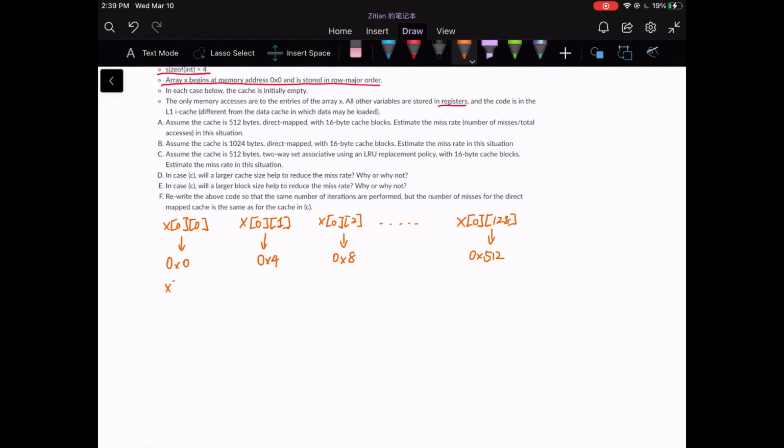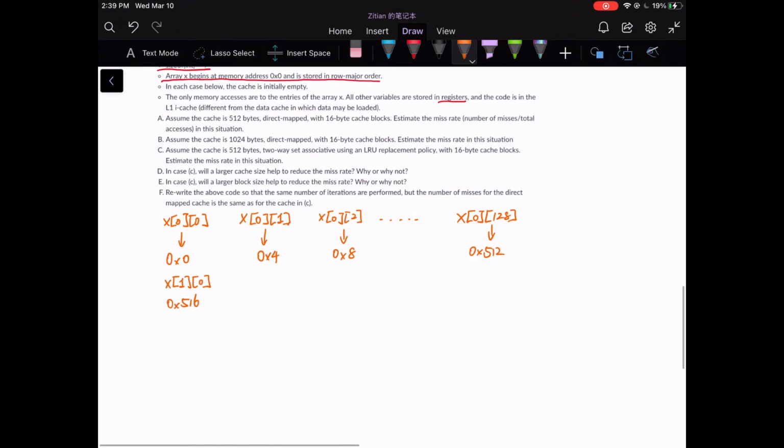Then how about X10? Just plus 4. That is 0x516. By the way, let's convert 516 to binary.